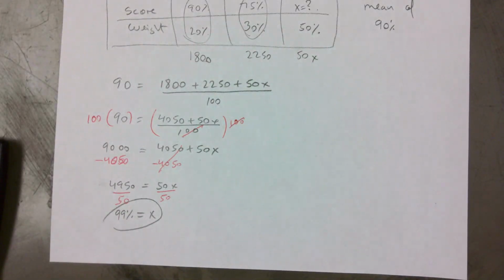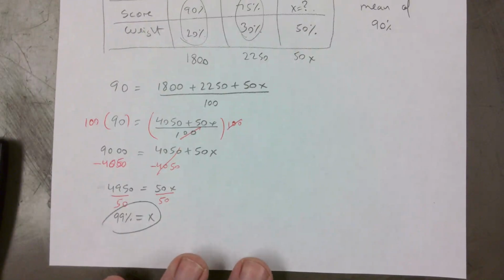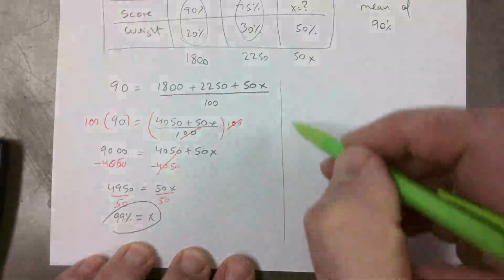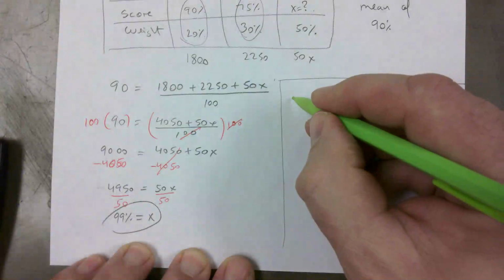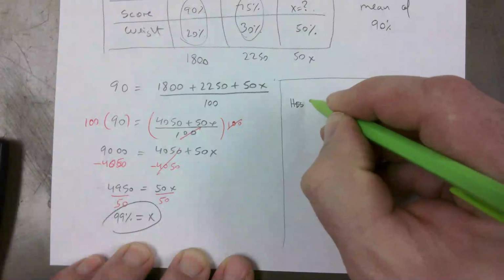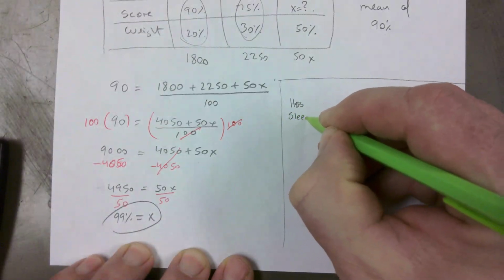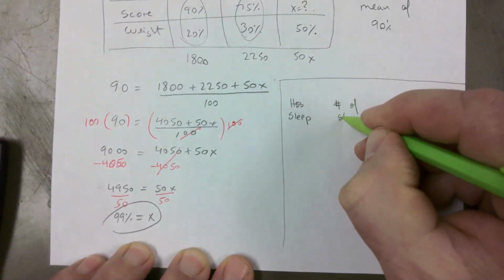Then we're going to have another weighted mean without percentages. Let's try one. I'm just going to make one up here. Let's just say hours of sleep and number of students.